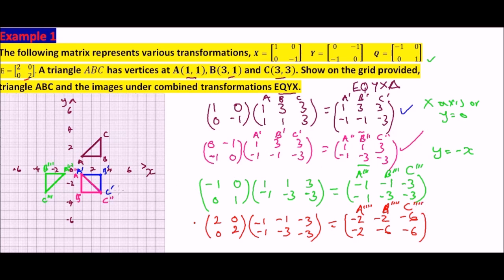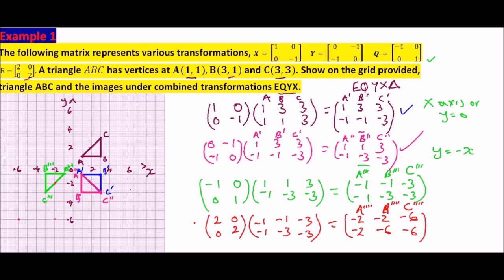Point -2, this is where we have -2, somewhere there. -2, -6 is there. And -6, this is -6, this is -6, and that is our -6.